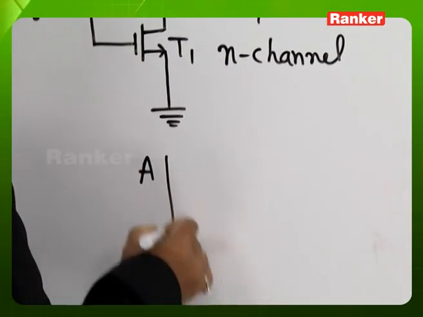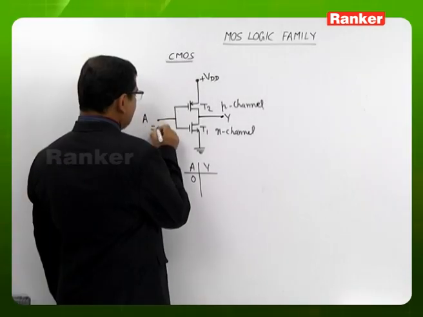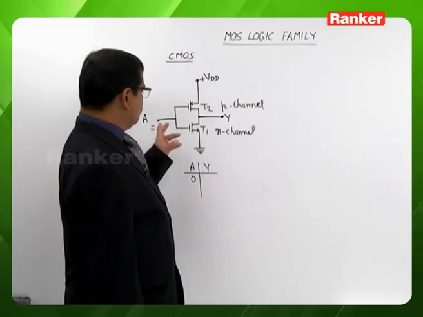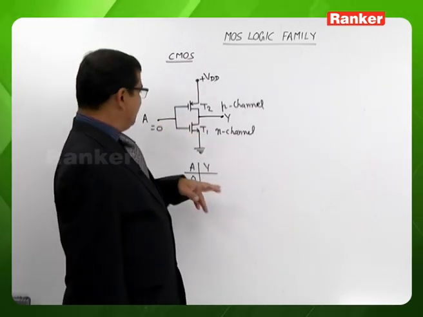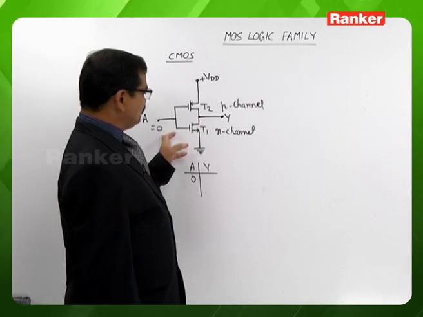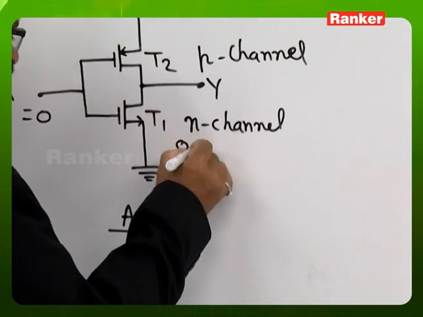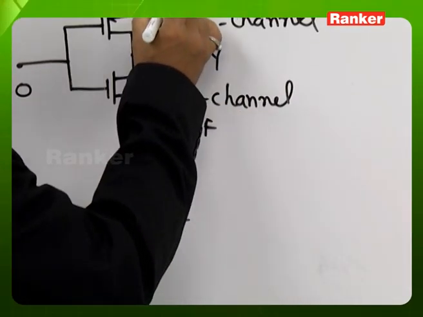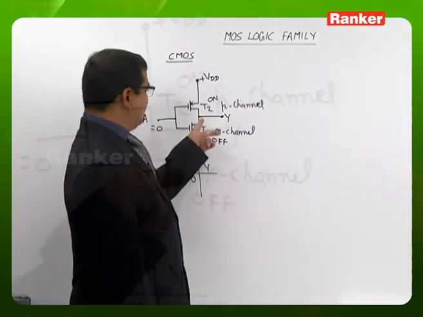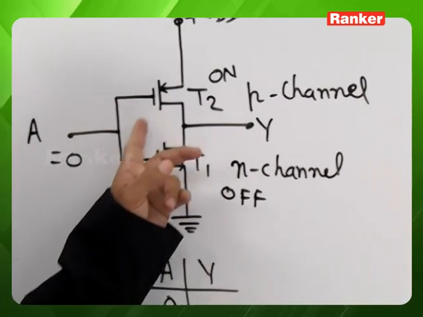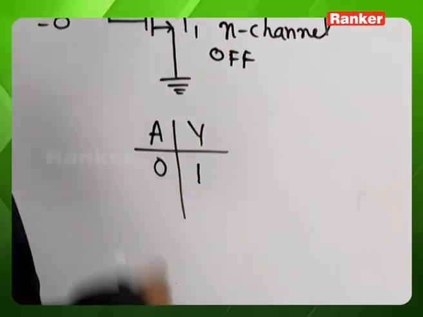Whenever input A is logic 0, so that is the gate potential to the transistors T1, T2. Whenever the gate potential is 0, the N-channel MOSFET will be in the off state, whereas the P-channel MOSFET will be in the on state. And from the output terminal to the ground impedance is high, so that output will be logic 1.